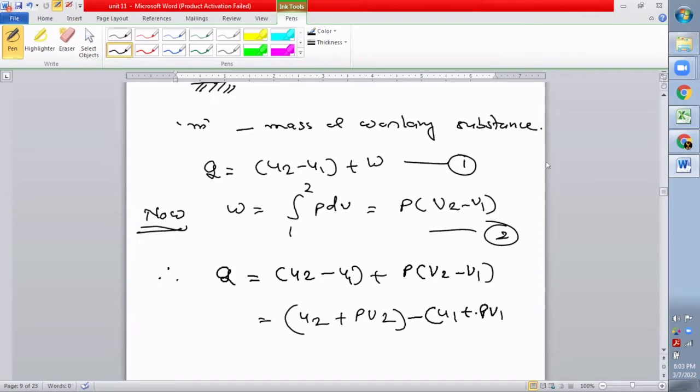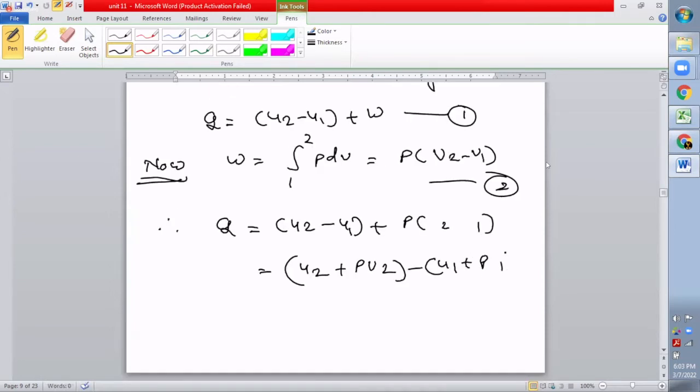Now we are moving towards one more thermodynamic quantity, which basically gives the addition of internal energy with the flow work.